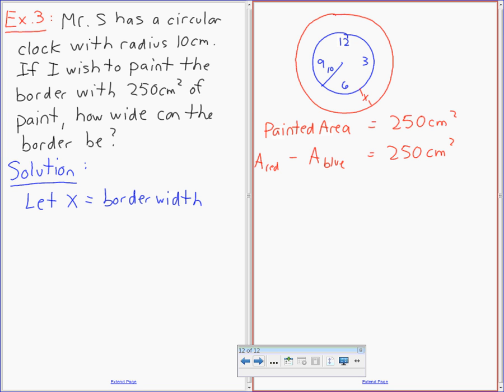To get the area of the red, we have to find this entire distance from there to there. If this part is x and that part is 10, altogether that's x plus 10. So the area of this is pi (x plus 10) squared. The area of the blue is going to be minus pi times 10 squared, which will equal 250.